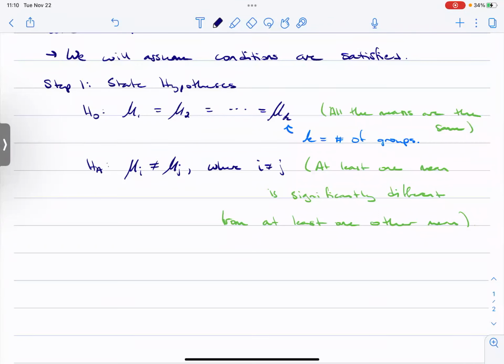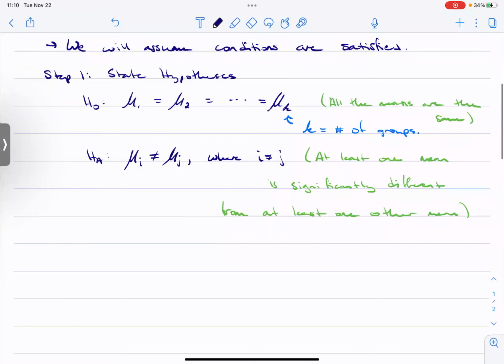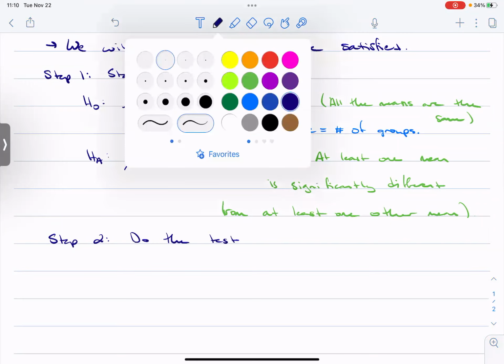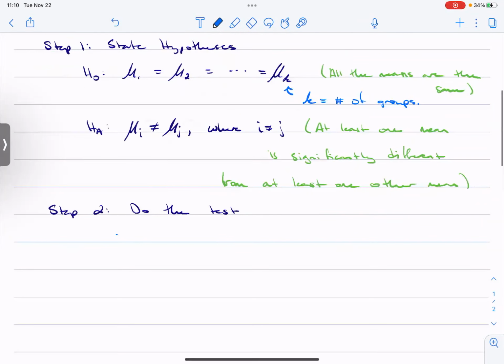Okay, so step 2 that we do is the test. That's going to be given in software output.